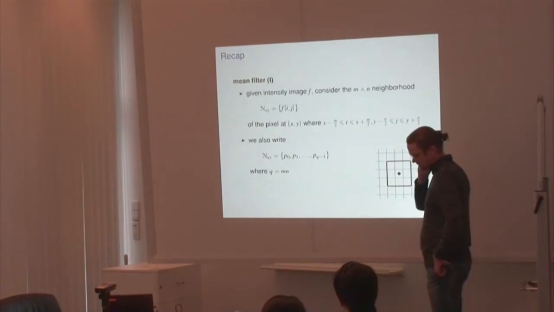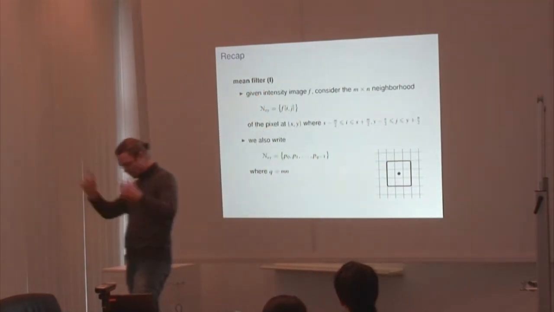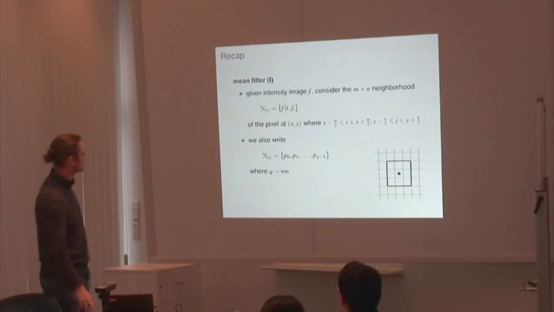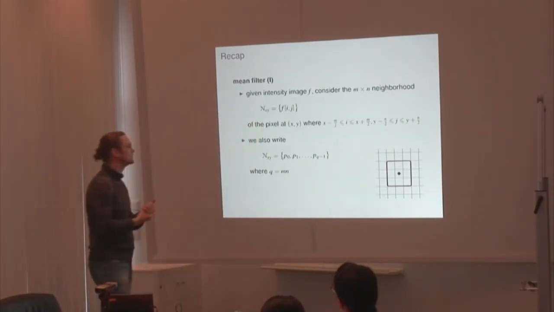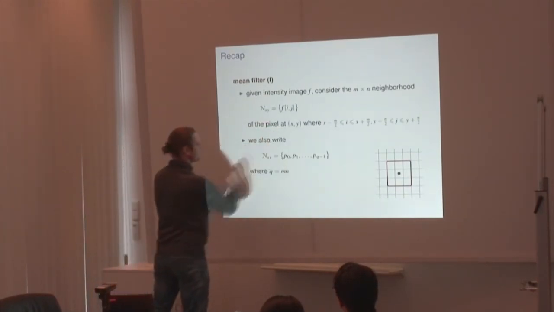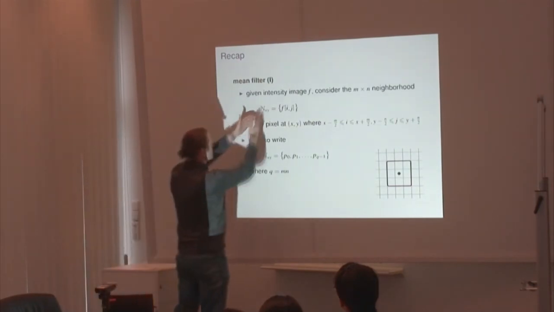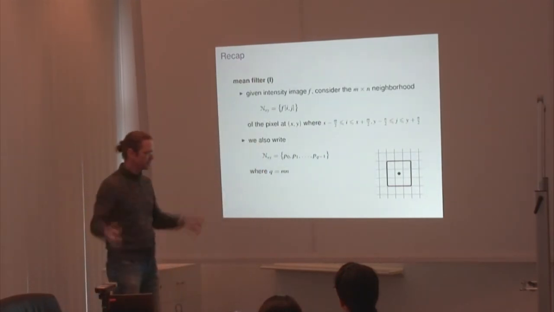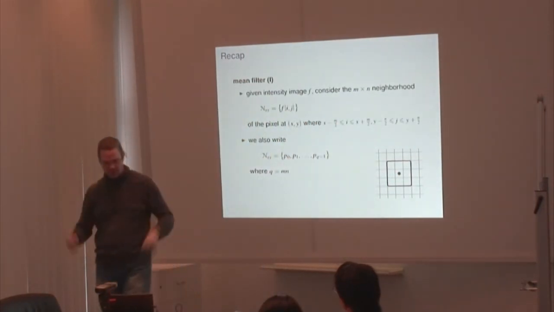And given this pixel, we can, of course, look at the values of the pixels contained within this n by n neighborhood. And I shall call these neighborhoods calligraphic N_xy, where this xy indicates the pixel we are currently talking about, and these neighborhood sets contain all the pixel values within the neighborhood we're interested in.